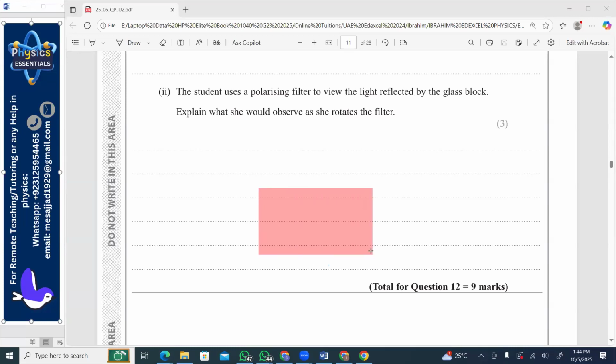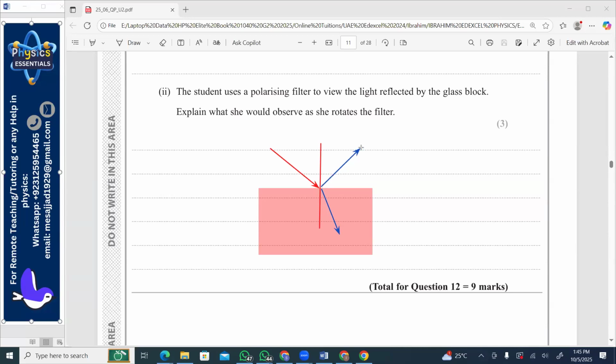Here was the light coming up. And there was a normal. And there was some light moving down, and some light moving in this direction as well. So light also reflects and refracts.